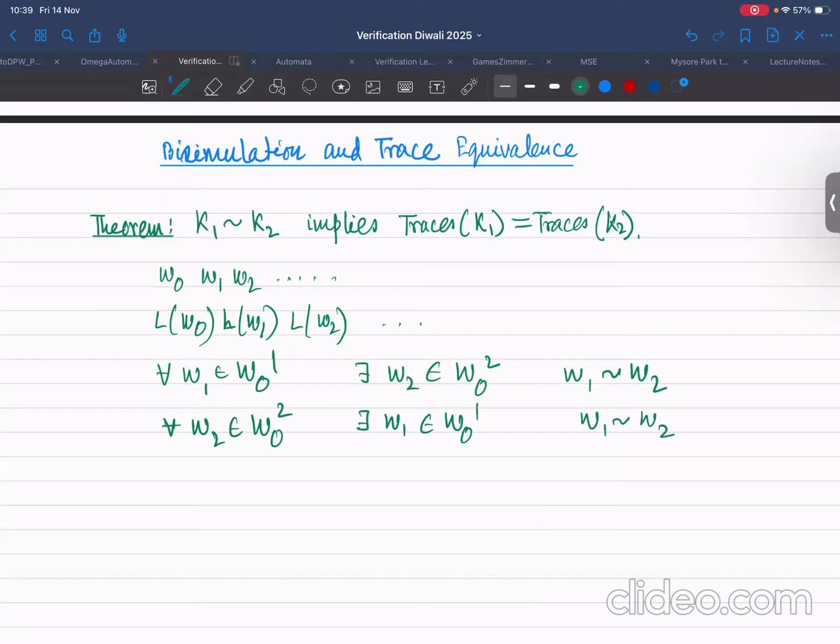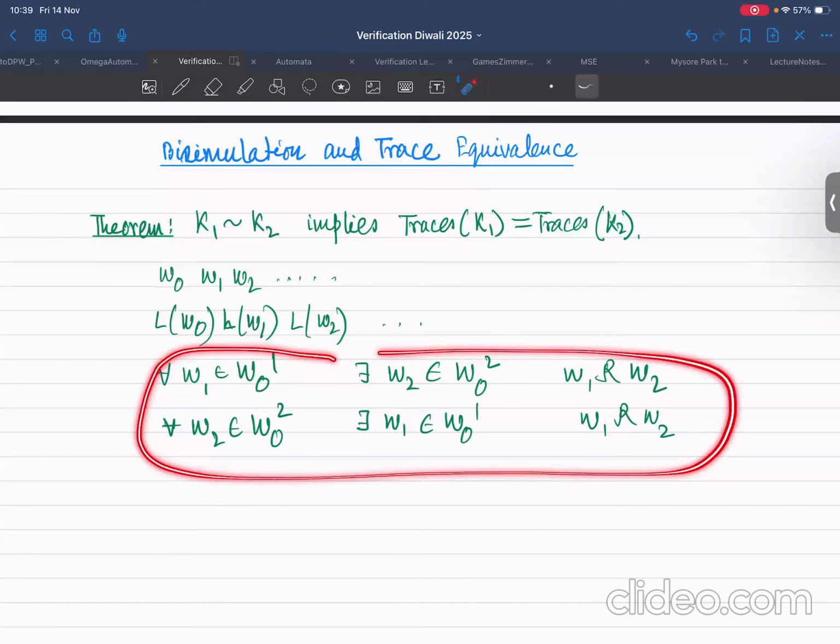So there should exist some bisimulation relation R such that this holds. Then we say the two Kripke structures are bisimilar.